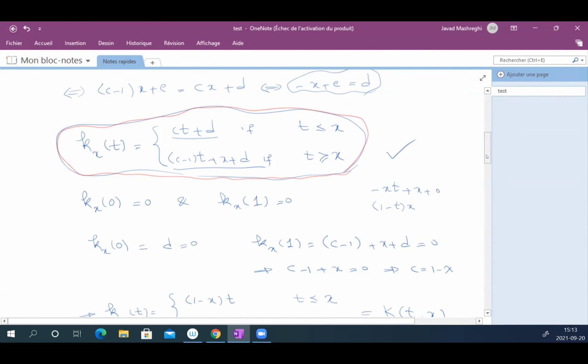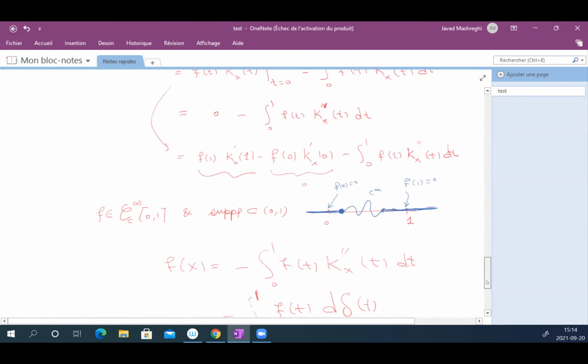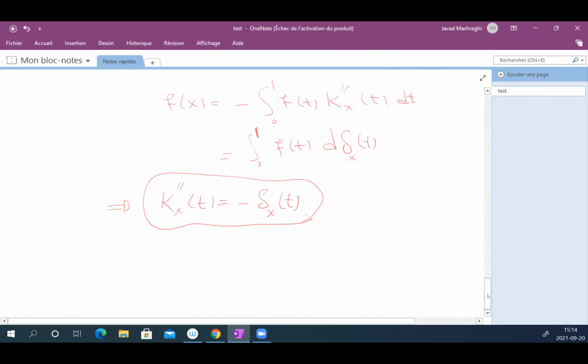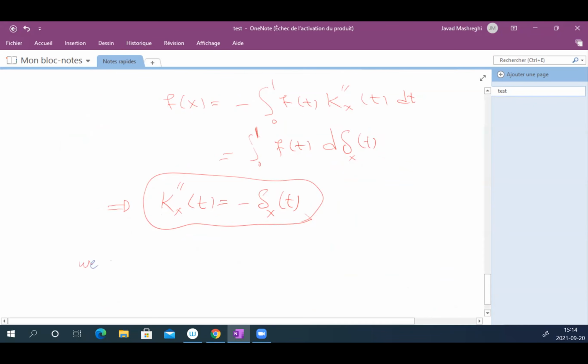At least we can obtain one of them or a relation between them, because k of x is obtained by that formula. Should I repeat the formula? No, the formula is up there. So let me, for reference, repeat the formula we saw, the general solution.